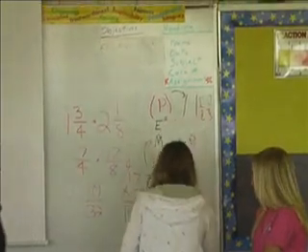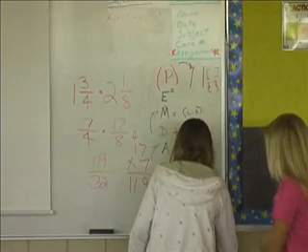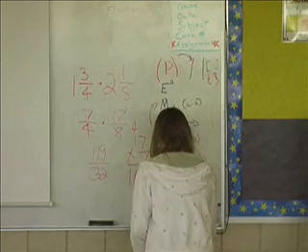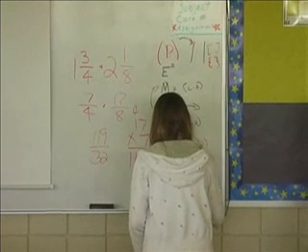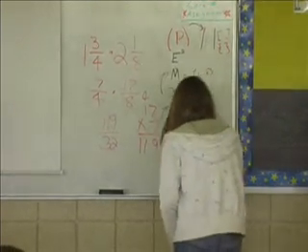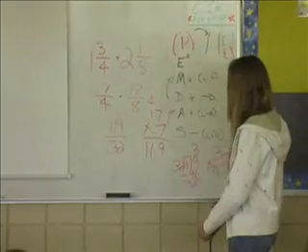Okay, so 3 times 32 is 96. Okay, so 119 minus 96, which is 23. So now what do we need to do with the remainder?